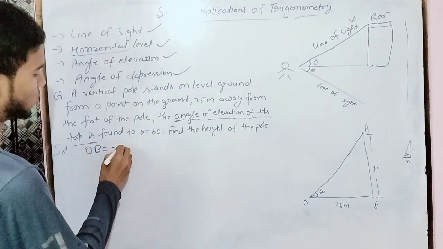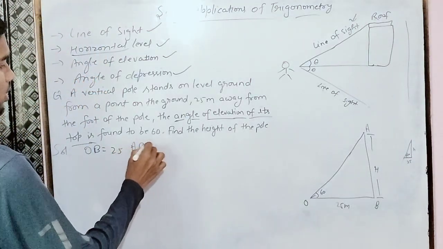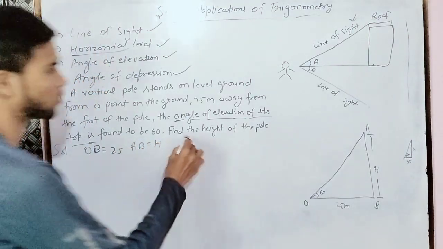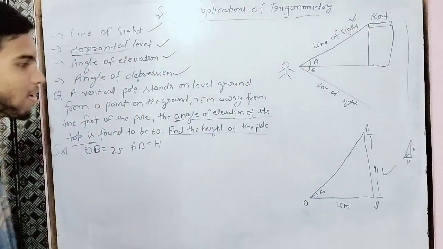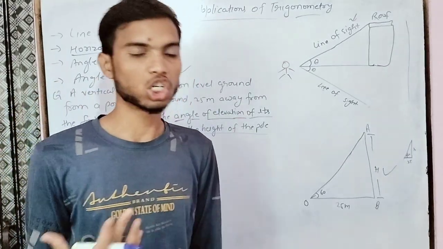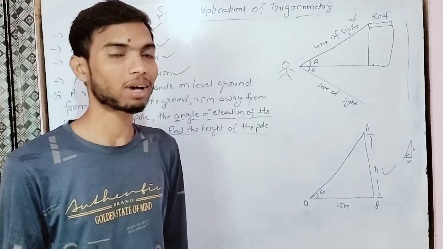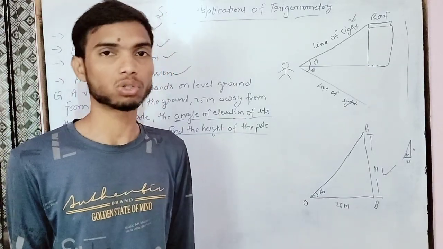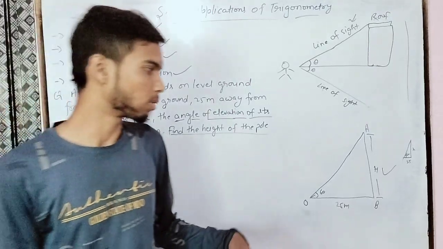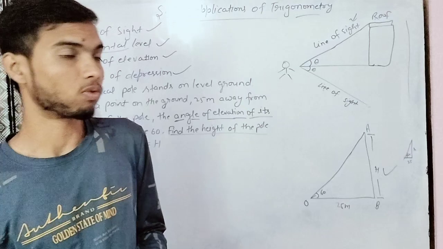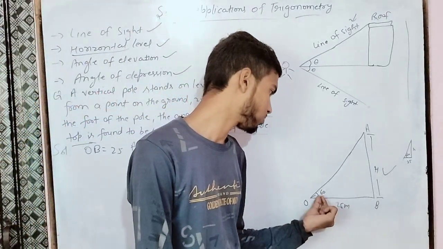OB is given which is 25. AB is just the height. Find the height of the pole. So we are going to find this height. We will apply trigonometric ratios. You have to identify which trigonometric ratio should be applied here. By understanding the question, you will be able to apply a trigonometric ratio. Here, this is theta.